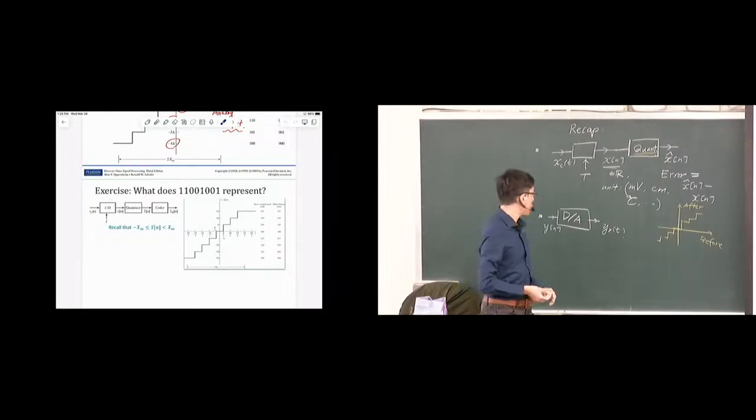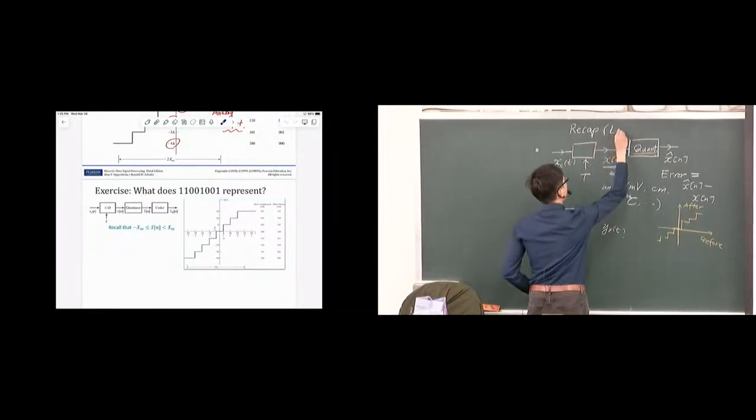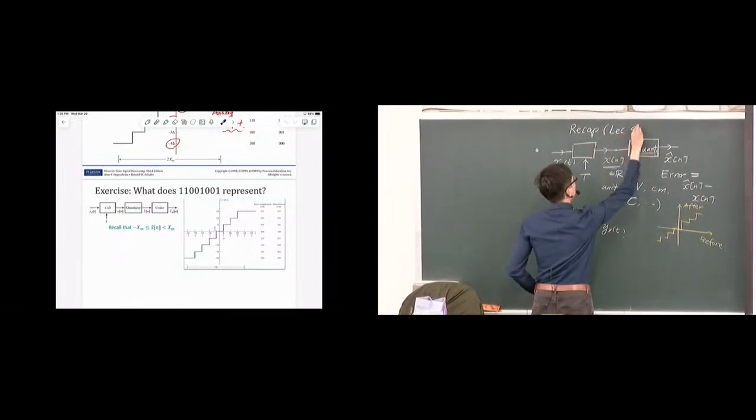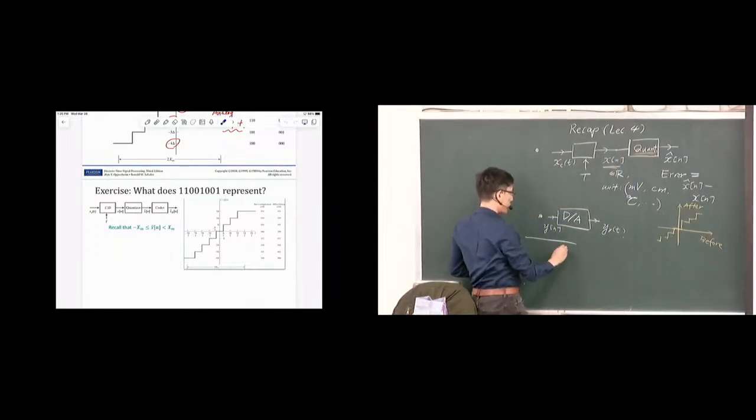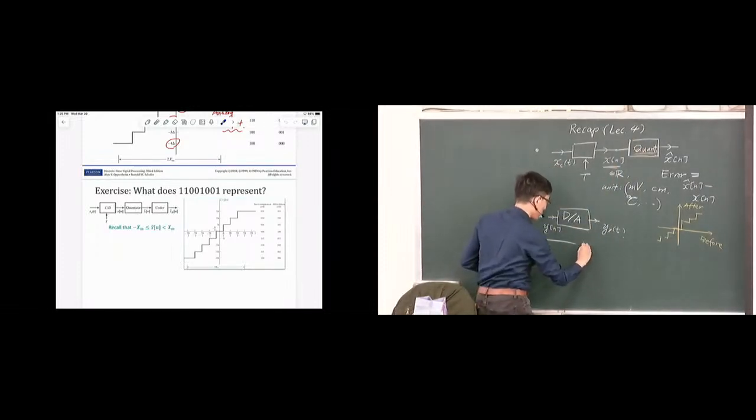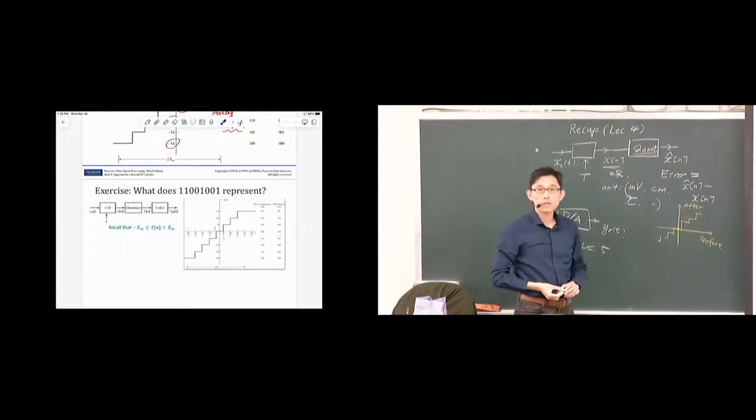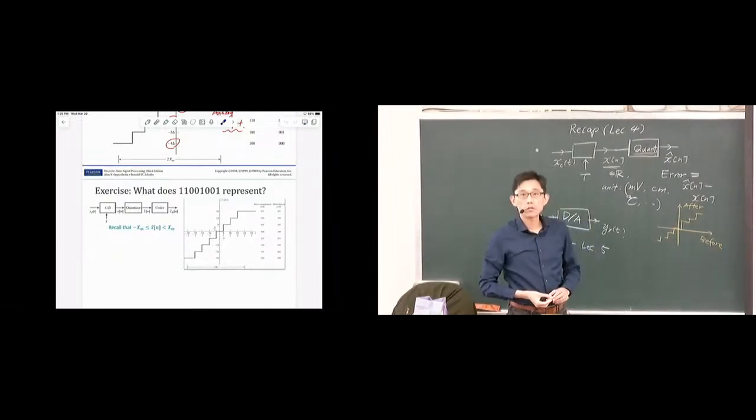And today I also want to start a new lecture, lecture number 5. This is lecture number 4 in my notes, and today we will also start lecture number 5 with some review of linear and time invariant systems.